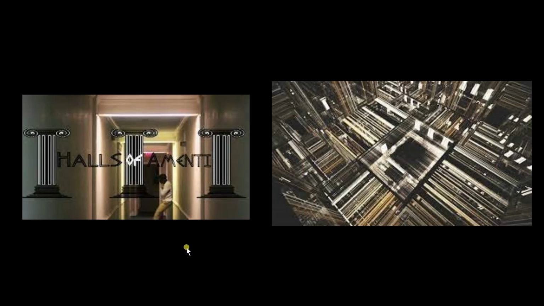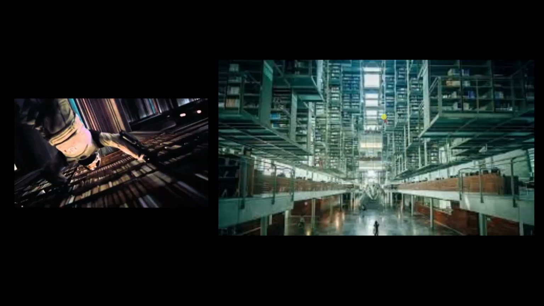Once in the underworld, Khnum, or any of these entities, travel what they call the halls of Amenti. I believe the halls of Amenti are represented best in the Interstellar movie when he's in the Tesseract. The Tesseract, guys, I believe is the halls of Amenti, and the pillars and the columns.